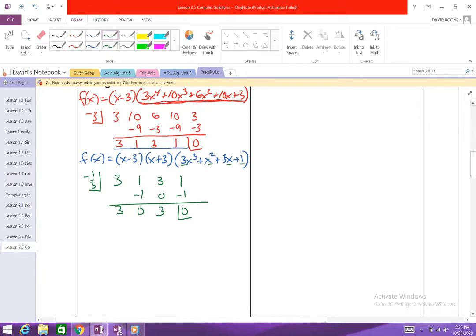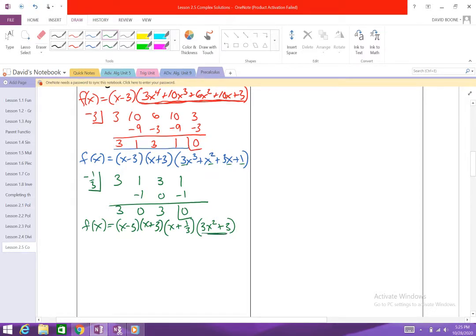So now I know that I've got the function f of x equals, and originally I got that x minus 3, the x plus 3. I'll have this as a root, so that would be x plus 1/3, and then times what I've got remaining here, and that's the 3x squared plus 0x plus 3.